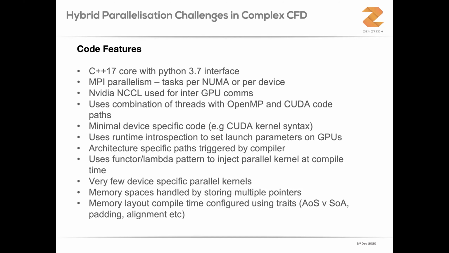So, for example, padding and alignment, which are important when it comes to performance and vectorization, are all decided at compile time. So we do rely on the compiler doing a lot of heavy lifting for us.